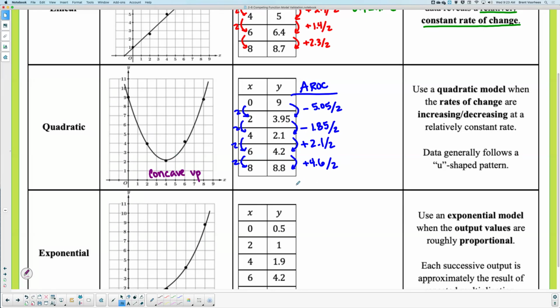Does that make sense? Now, you may also remember if you find a delta AROC, so go ahead and put another column over here. If we did a delta AROC column, this would have very little change. This would be relatively the same amount. So how much am I changing from here to here? I increased by 3.2, if I'm not mistaken, divided by 2.